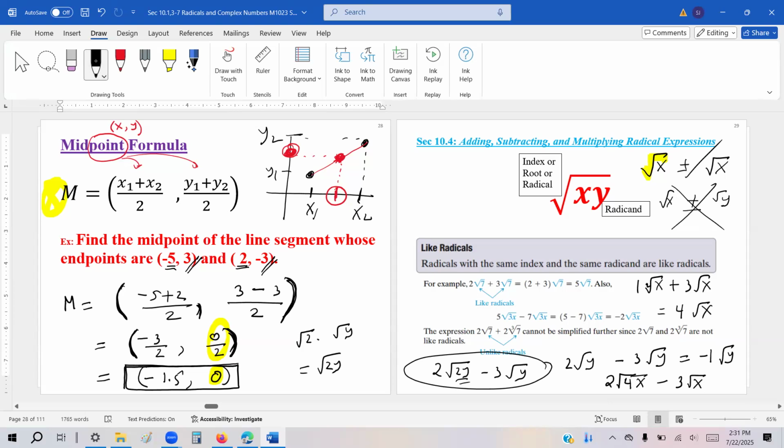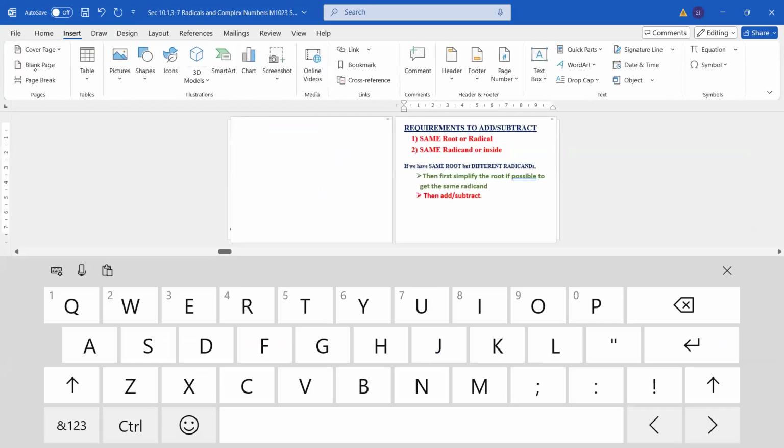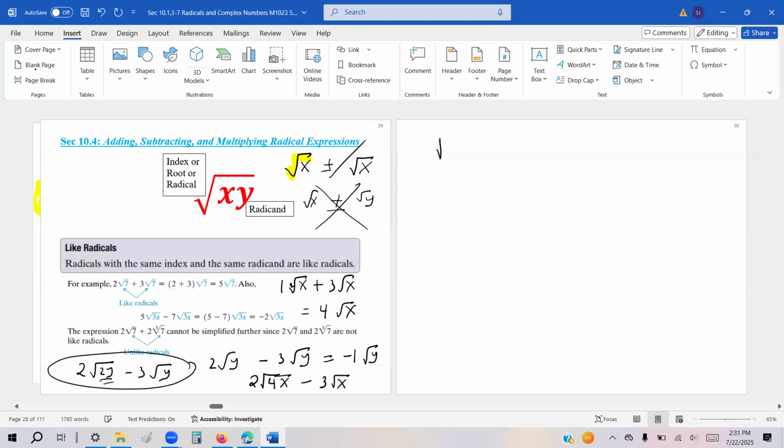Definitely they are not the same, right? One has 4x, the other has 1x. But can you simplify the 4x?